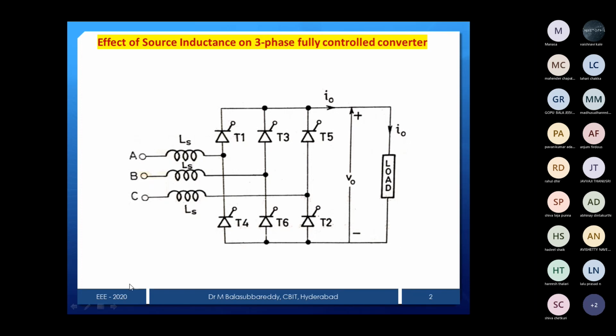In the previous lectures, while I was explaining the semi converter and full converter, I didn't show this LS in the diagram. I simply mentioned it like this, meaning I did not take this inductance into account. But strictly speaking, there is an inductance also available.